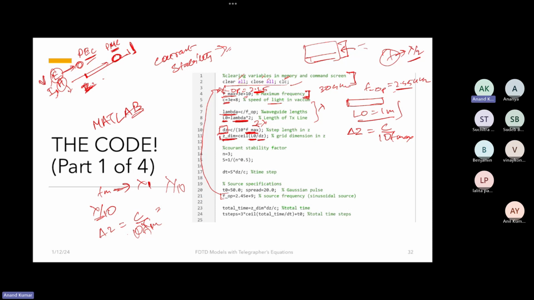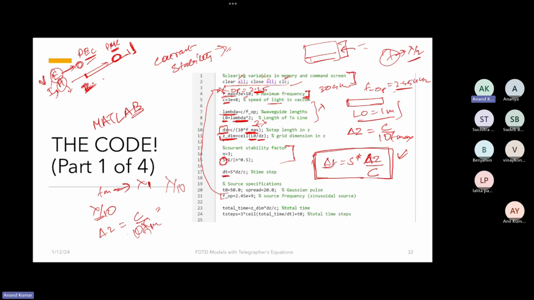For now, let's just assume that the Courant stability factor is correct, and we have this scale value which will multiply with the time step. So the time step delta t equals the Courant stability factor multiplied by delta z divided by c. For now we assume this is known to us, and we'll discuss it in detail in the next class. This is how we calculate the time step.